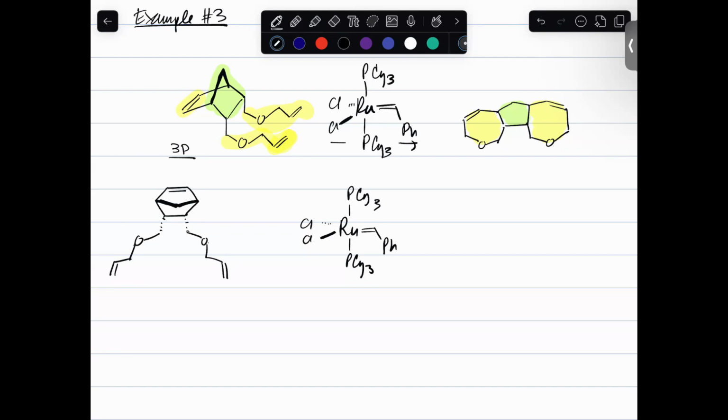I'm just drawing it again 2-dimensionally just so that it's easier for me to see. If you want to keep it 3-dimensionally, that's perfectly fine. If you can see it, awesome. But I'll just draw it 2-dimensionally. So the first thing that we have is ligand association, and we introduce our alkene. And as I mentioned before, I am going to do this starting off with my ring.